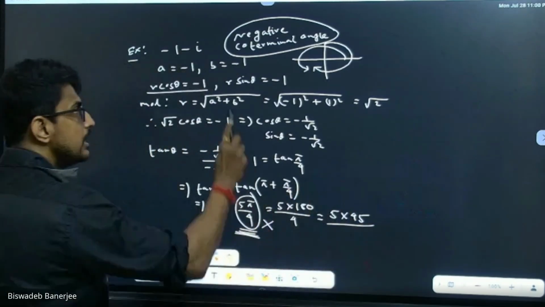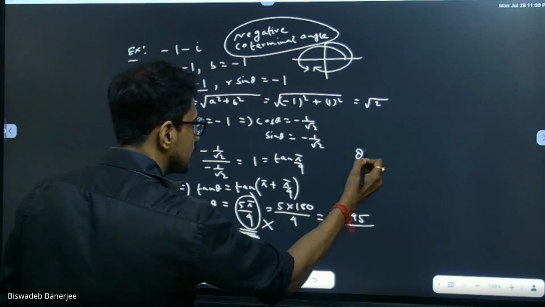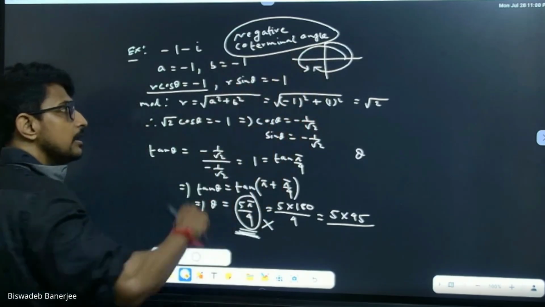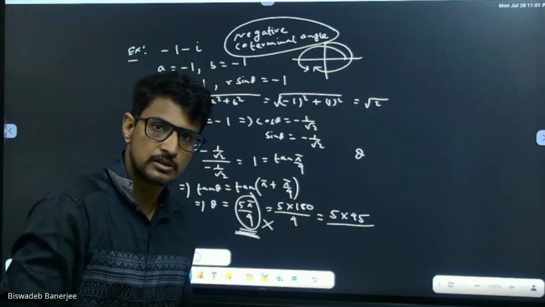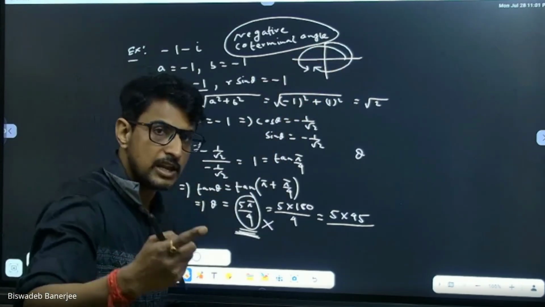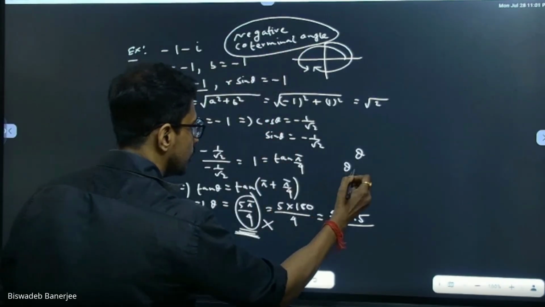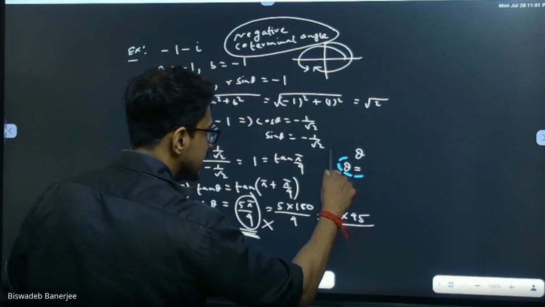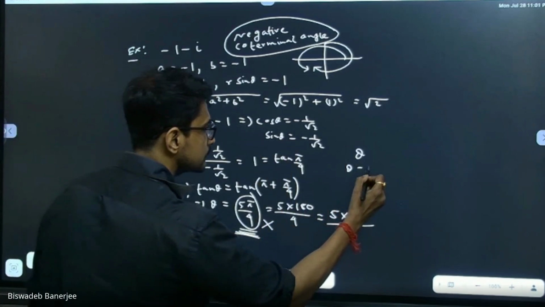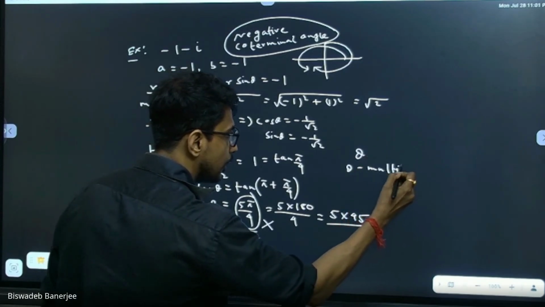For a negative co-terminal angle, the theory is: if theta is my angle in the anti-clockwise direction, then if we move in the clockwise direction, its negative co-terminal angle will be theta minus a multiple of 2 pi.